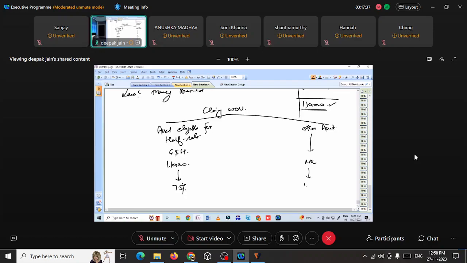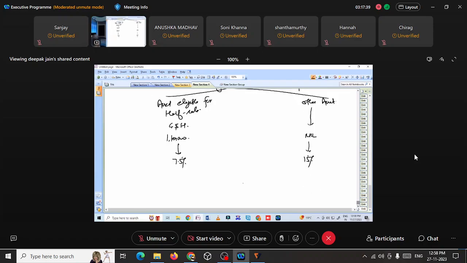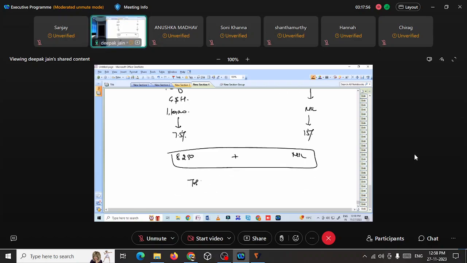So what is the rate of depreciation? 7.5% and 15%. So 7.5% of 1,10,000 is 8,250. 8,250 plus nil into 15% is nil. So what is the total depreciation? 8,250.